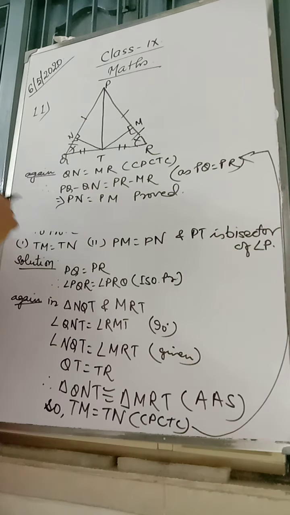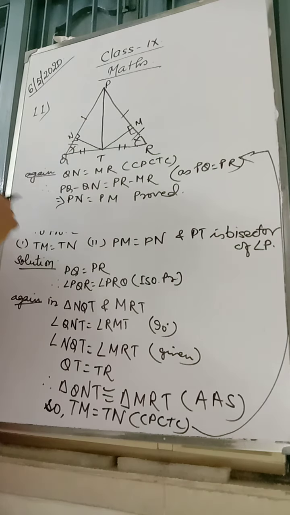Just have a look. First we'll write given: in triangle PQR, PQ is equal to QR, QR is produced to S such that PR is equal to RS.